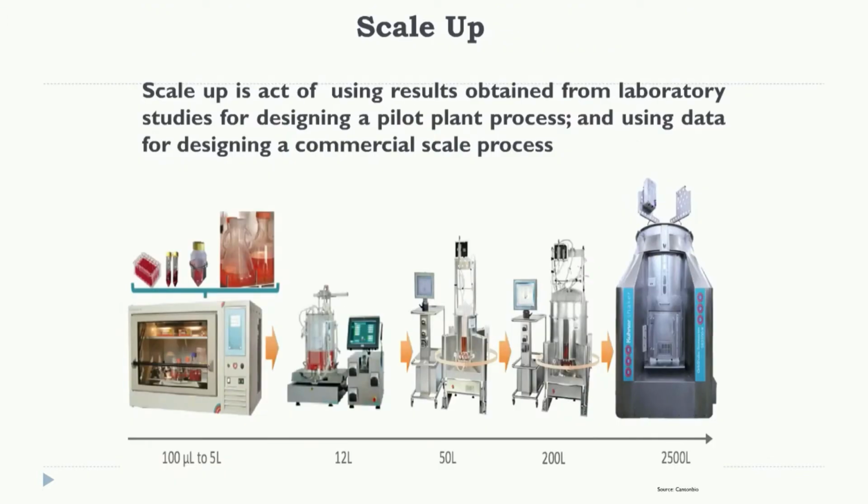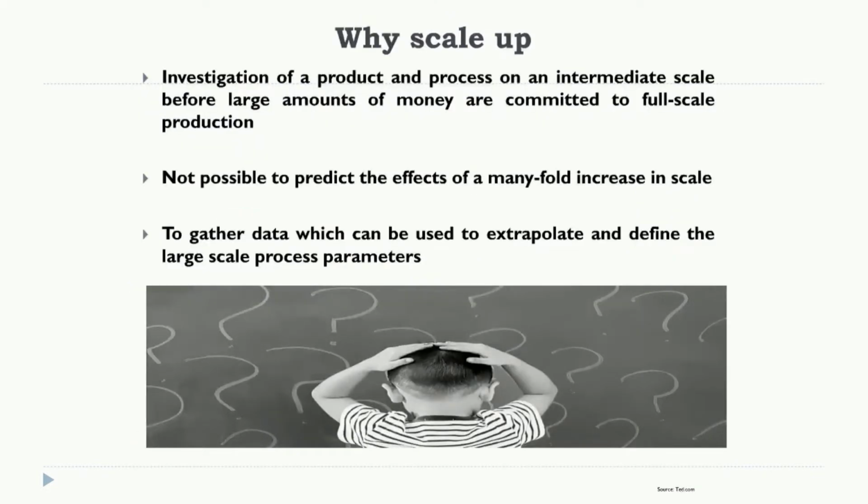Now we come down to scale up. Why do we need scale up, and why is it necessary before we go from lab scale directly to manufacturing scale? Scale up is just the act of taking a process from laboratory scale to pilot scale and using that data to design a commercial scale process. It's from 200 microliters or 2 ml to 2000 liters or 20,000 liters.